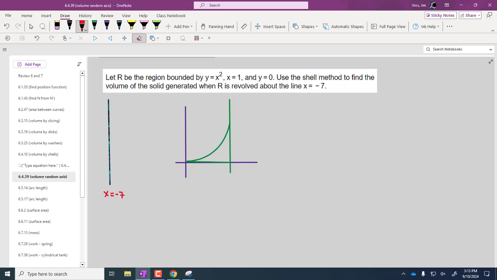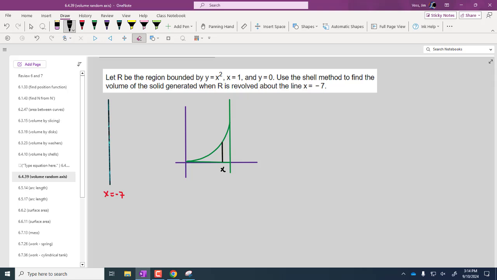We're going to create cylinders. So with cylinders, let's see, we've run out of colors. So we're going to draw a random element that's parallel to the axis of rotation, which means that element is vertical, which means dx.